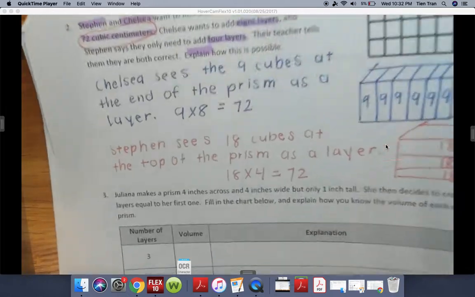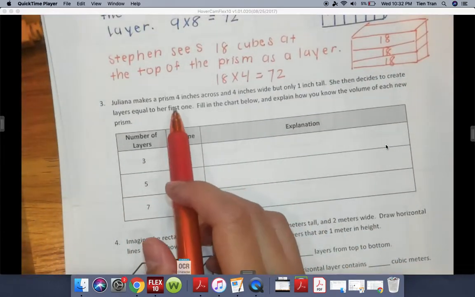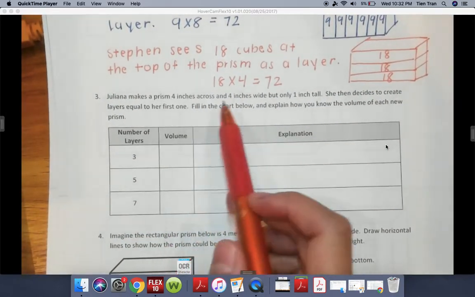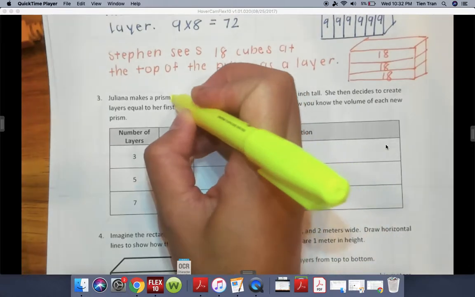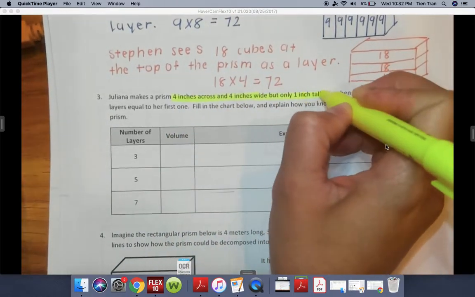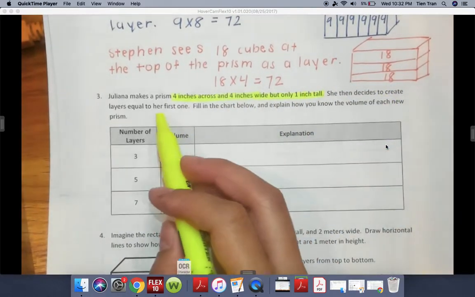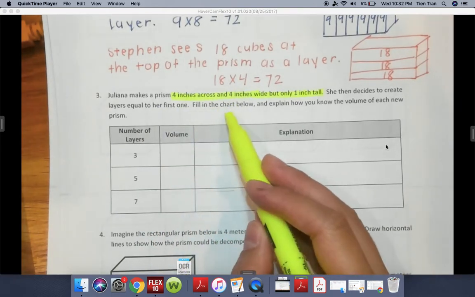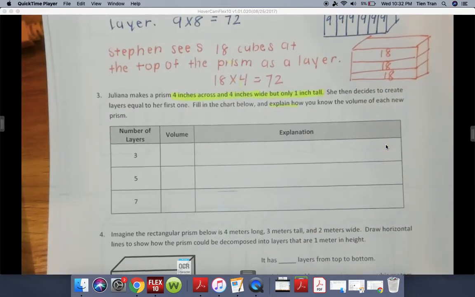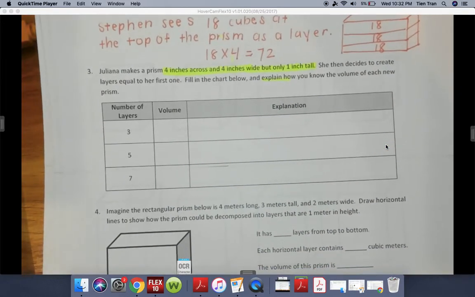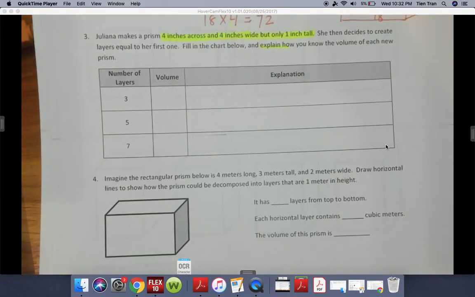Now, the bottom. Juliana makes a prism 4 inches across and 4 inches wide, but only 1 inch tall. She then decides to create layers equal to her first one. Fill in the chart below and explain how you know the volume of each new prism. So you're doing the same thing as earlier in the problem set.